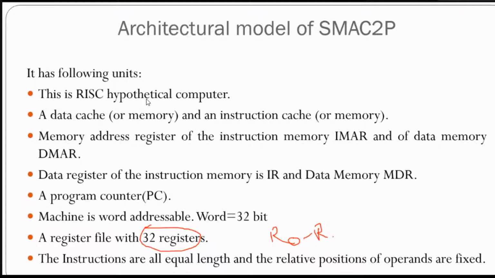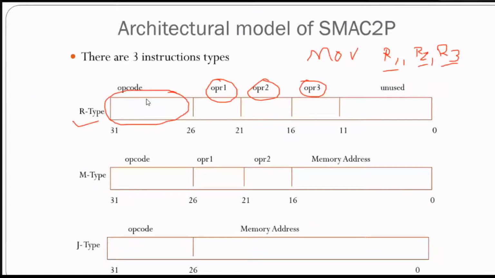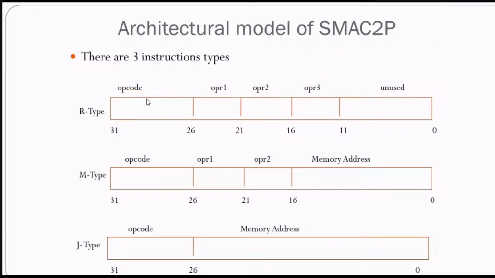So अगर इसमें से कोई एक register आपको mention करना होगा, तो आप कितने bit use कर सकते हो? कितने bit use करके 32 register आप indicate कर सकते हो? 2 raised to 5, so 5 bit. 32 means 2 raised to 5, so only 5 bit will be required.